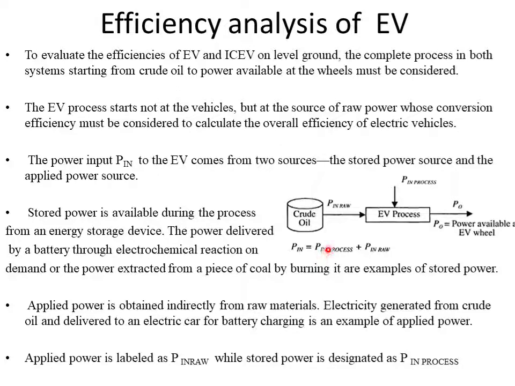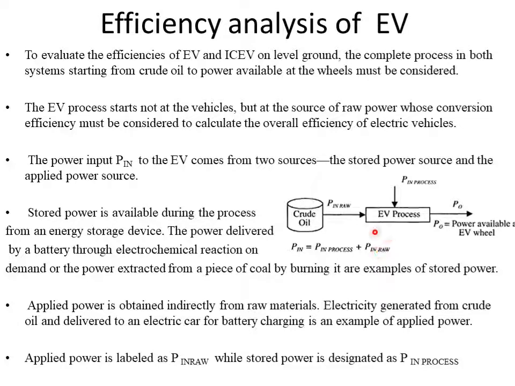The applied power is indirectly the power obtained from raw materials, like the electricity generated from crude oil and delivered to the electric car for battery charging. That is an example of applied power.